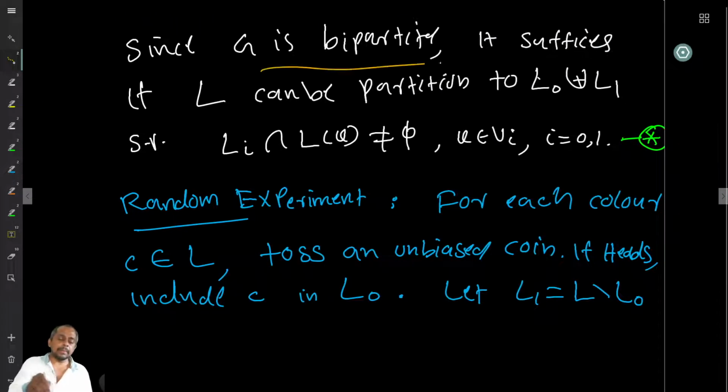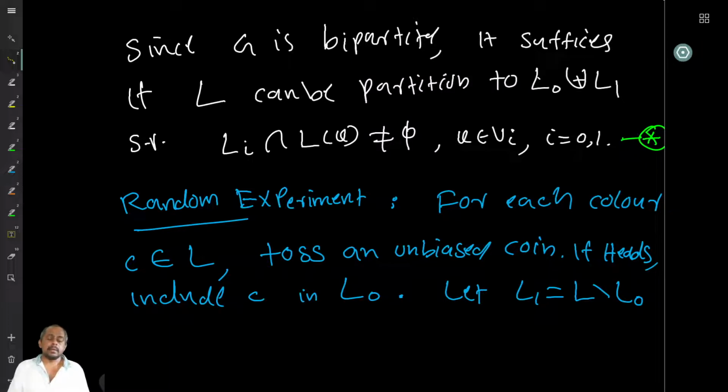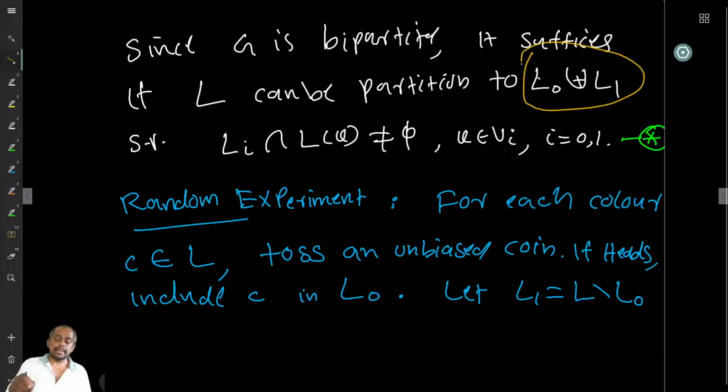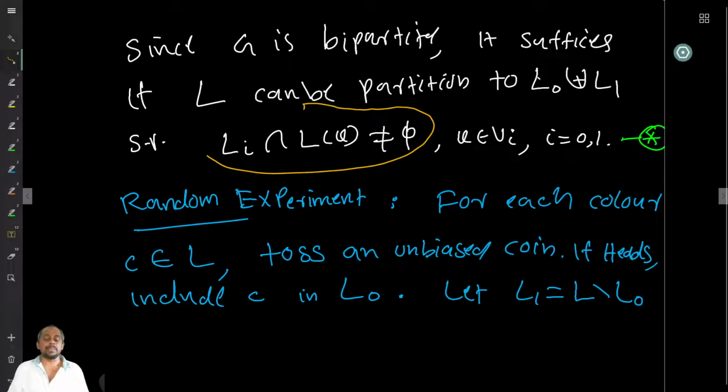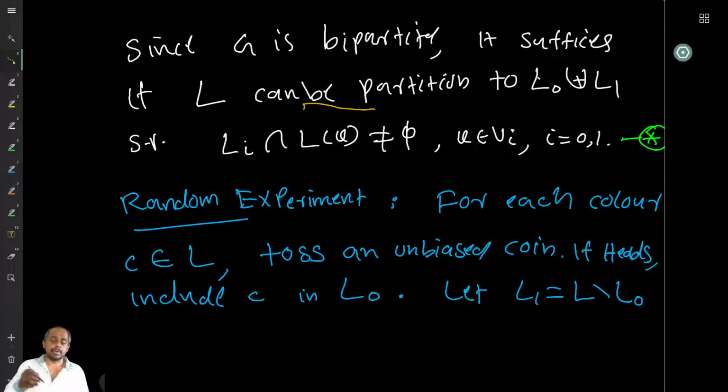Now, since the graph is bipartite, if you can partition the set L into two disjoint sets L0 and L1 such that for every vertex v, Li intersection Lv is non-empty, for example L0 intersection Lv is non-empty for the vertices here, and L1 intersection Lv is non-empty for the vertices there, then we can always color this graph.